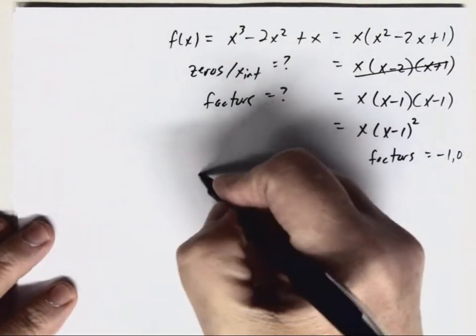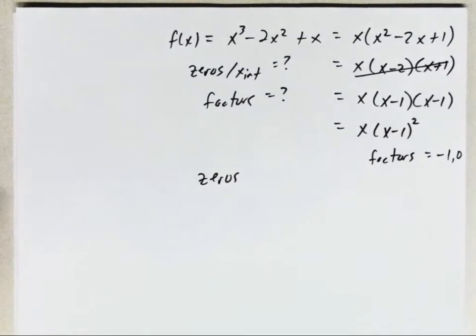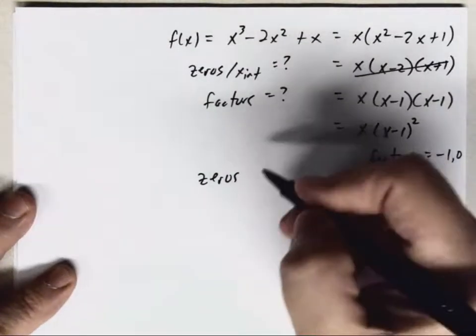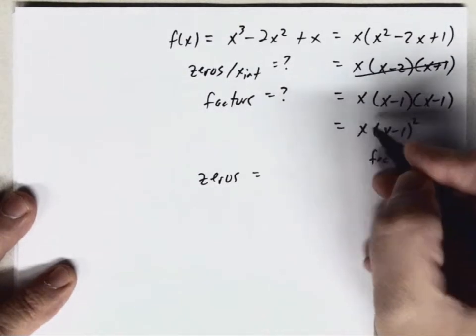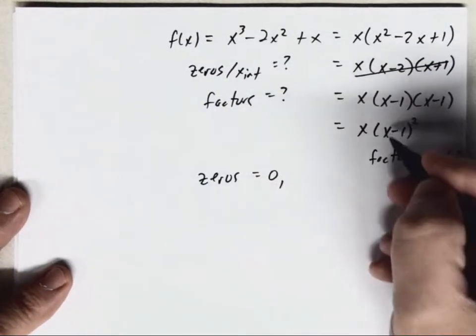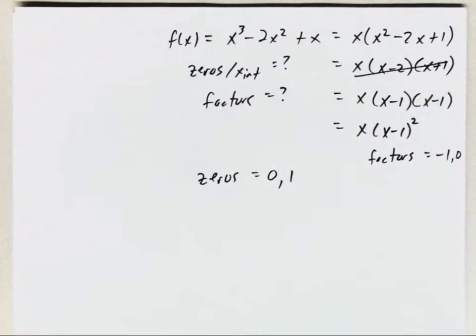And then for the zeros, I now look at this equation and ask what values of x would cause this whole expression to equal 0. This first x, if that x is 0, the whole thing is 0. And if x is 1, the parentheses will be 0, the whole thing is 0. So there are my zeros.